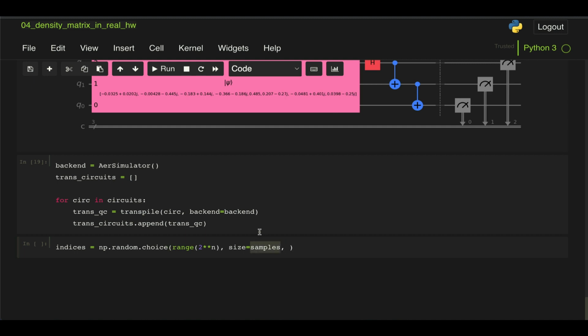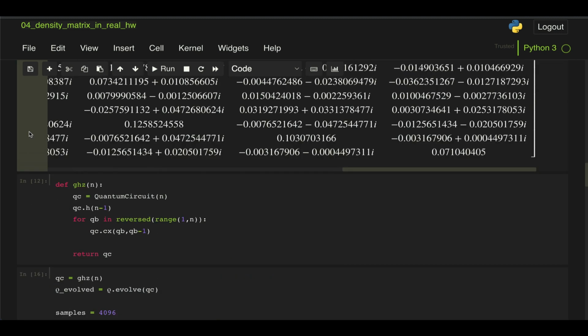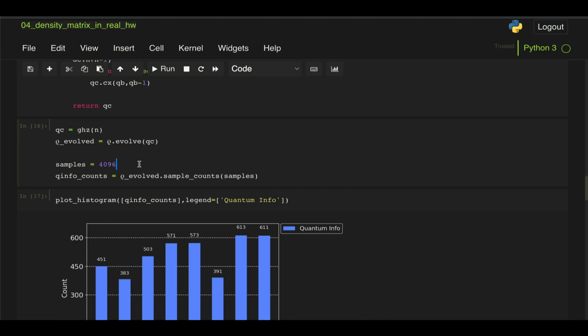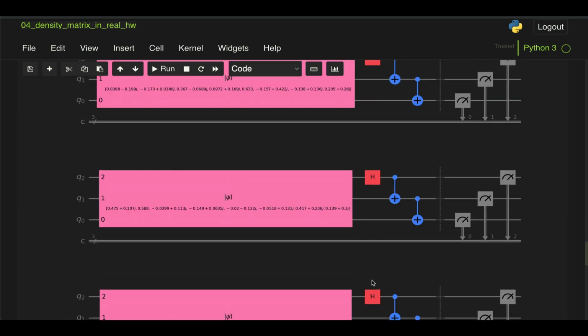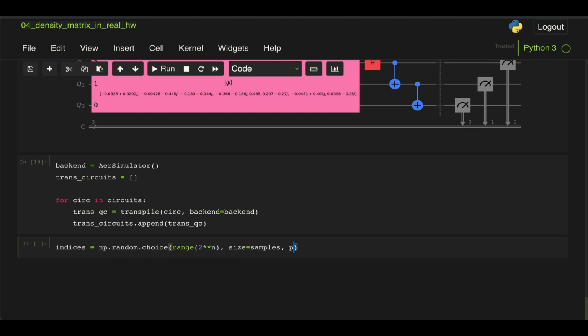And we had already defined that up here when we ran the ideal simulation, in which we evolve our density matrix just using matrix multiplication. And then lastly, what I need to pass to this choice function is the probabilities associated with each of the 8 different circuits. So here I'm going to have to pass the lambdas that we found from our spectral decomposition.